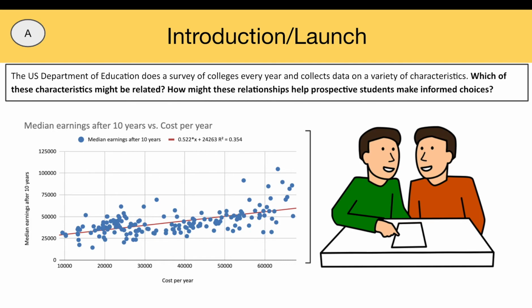I might want to look into other things that are related to cost per year: the size of the school, the graduation rate, other factors that might be related to cost per year and see if those are correlated to the cost. If I'm interested in median earnings, I might try to look at other relationships and see, is there something else that better predicts median earnings per year, and make some type of representation there.